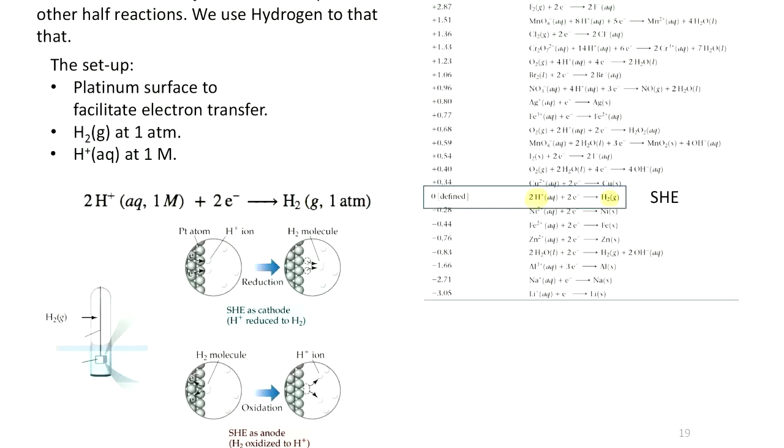Basically what happens in this electrode, you can purchase an electrode and hook it up to your voltmeter, is that they have the electrode submerged in 1 molarity acid. If you calculate the pH of that, that's pH of 0, so that's fairly acidic. And so in that electrode is very concentrated acid, where that substance is going to be gaining the 2 electrons, but what's produced is hydrogen gas.